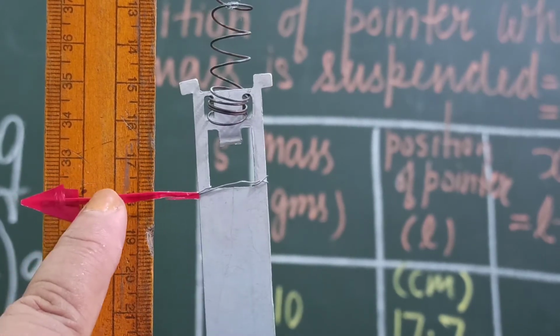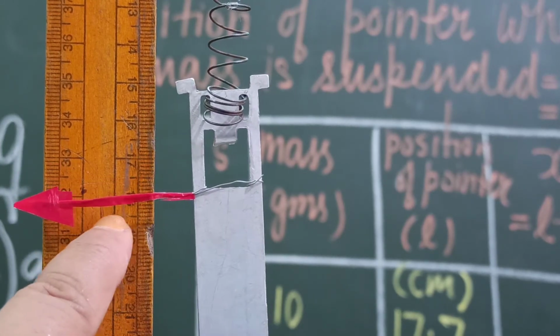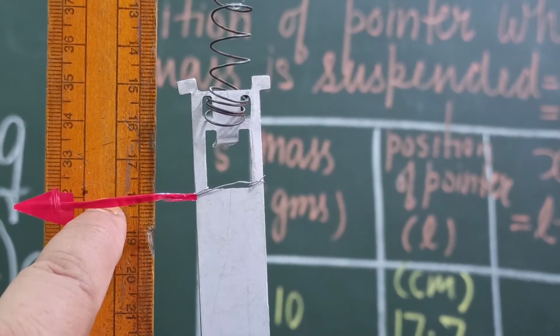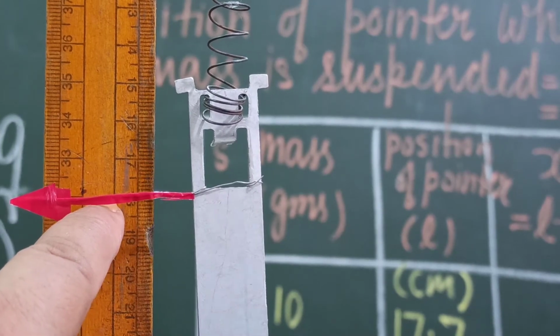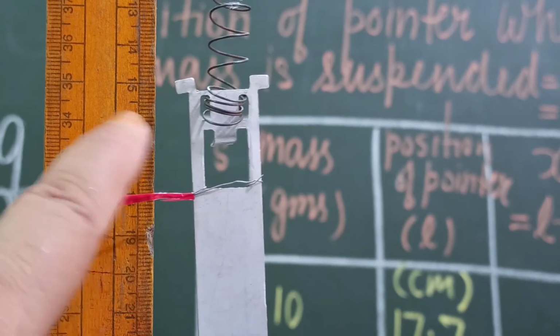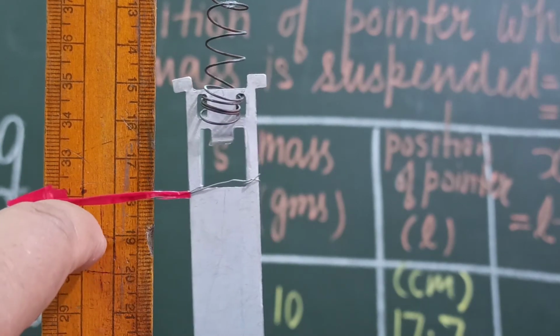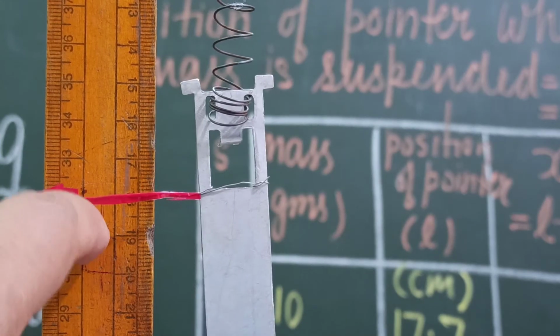If we take this pointer horizontal, then can you see it is 17.5, 6, 7, 8 and 9, because it is in front of 9. 8 is visible to us, right?